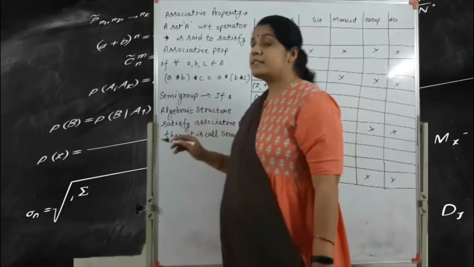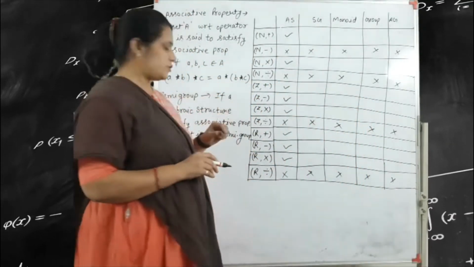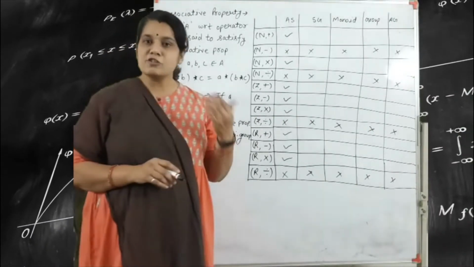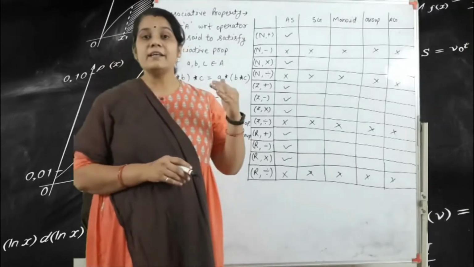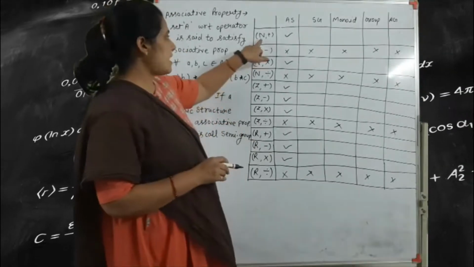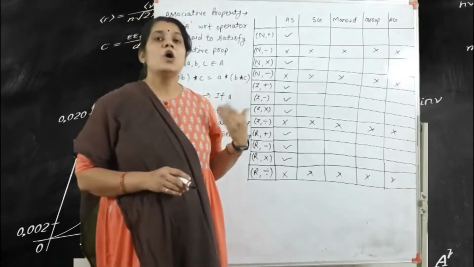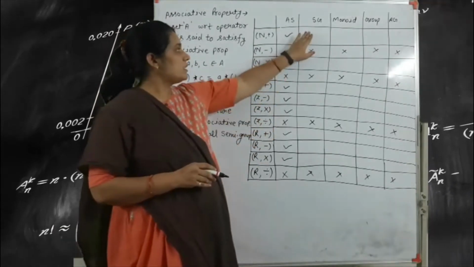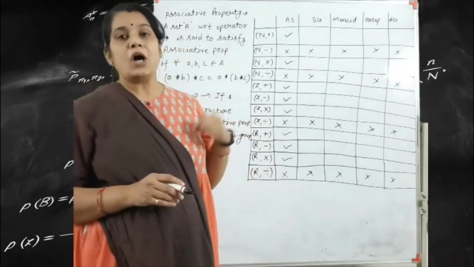The semi-group means that if an algebraic structure satisfies the associative property, then it is called a semi-group. So let's start. We use one by one different types of sets and operators, and find out whether the given set and operator satisfy the associative property or not.